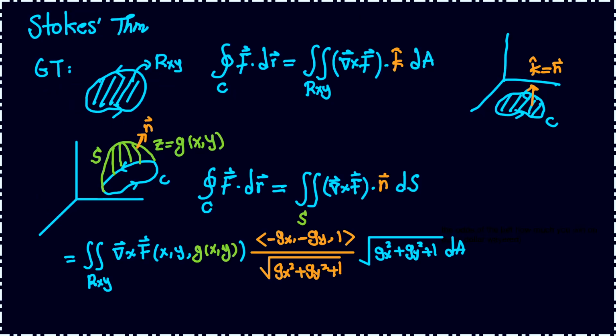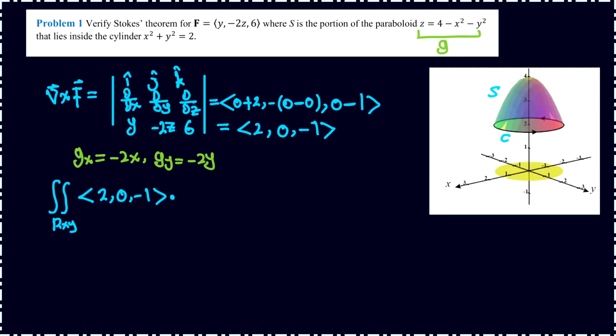Therefore, again, based on the formula, we're going to dot it with the vector, the negative of negative 2x, which gives you 2x, the negative of negative 2y, which is 2y, and 1, okay? And this integral is going to be with respect to area, right? And it is done over the region, which happens to be, again, the projection of the surface, okay?